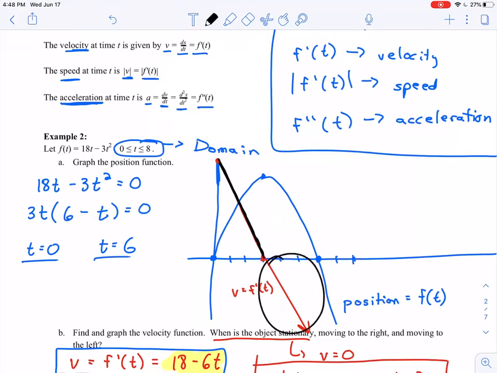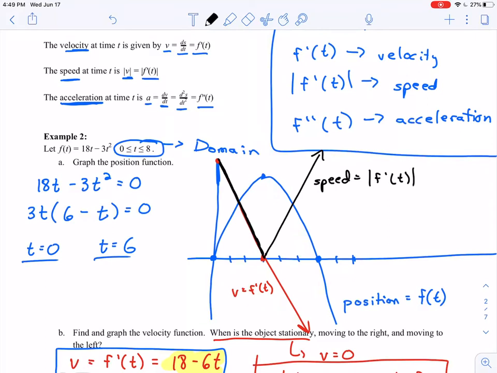If my velocity is negative, like it is over here, my speed should be positive there. So this part of my graph is going to reflect across the x-axis, sort of bounce off of the x-axis. So rather than going down, speed's going to go up. So this black line that I've drawn here, this is speed equals the absolute value of f prime of t.